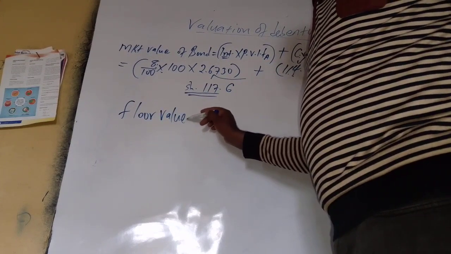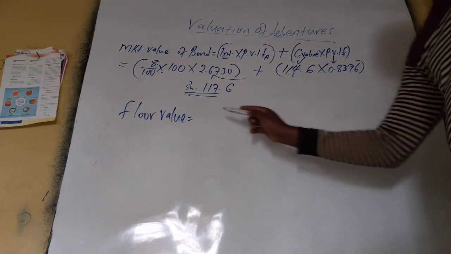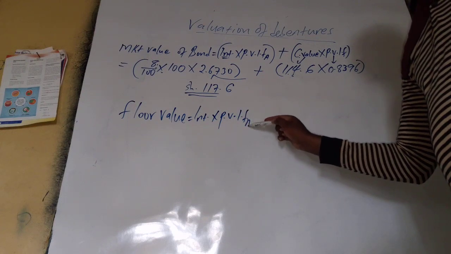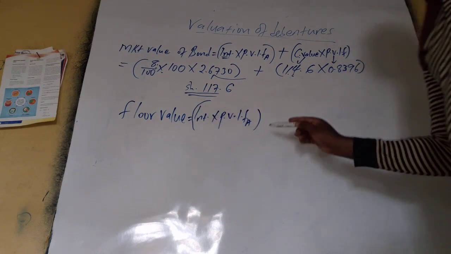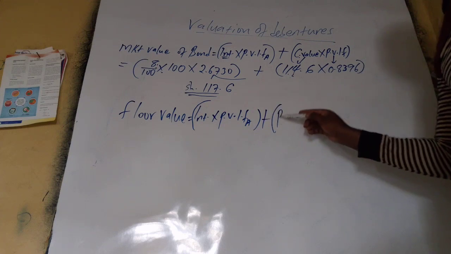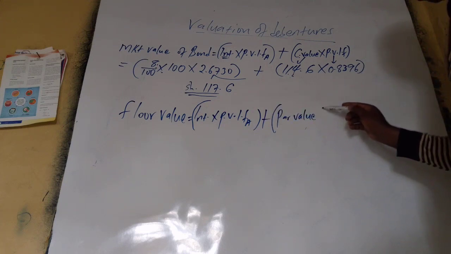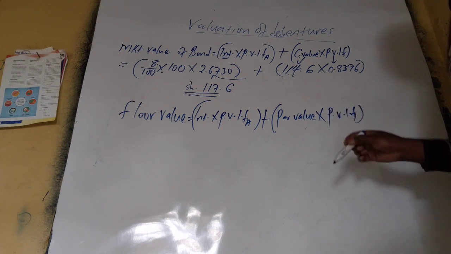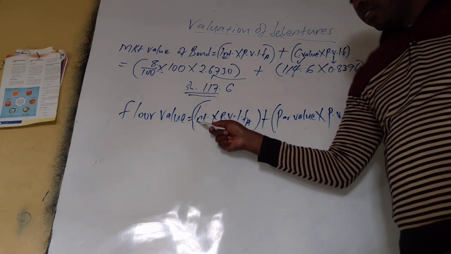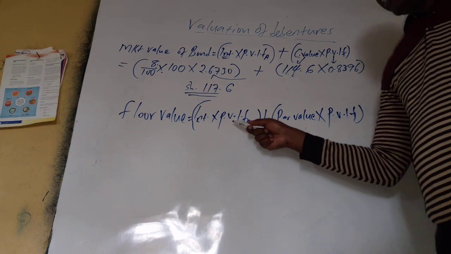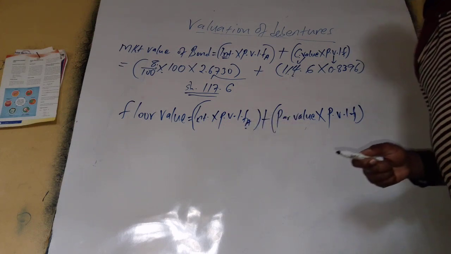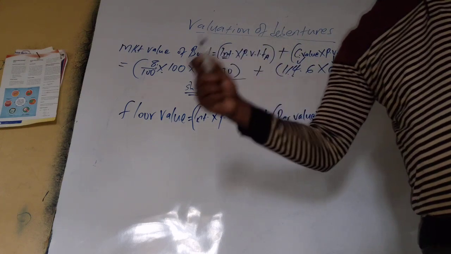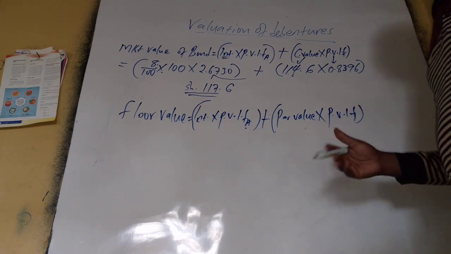Floor value is given by interest times the present value interest factor of annuity, then we add par value times the present value interest factor. Anywhere you are touching interest, it must be discounted using the annuity factor, because interest is recurring, it is annual, whereas par value occurs only once.